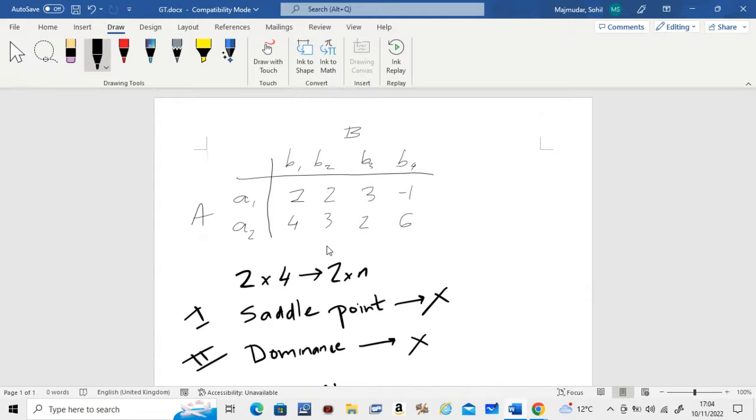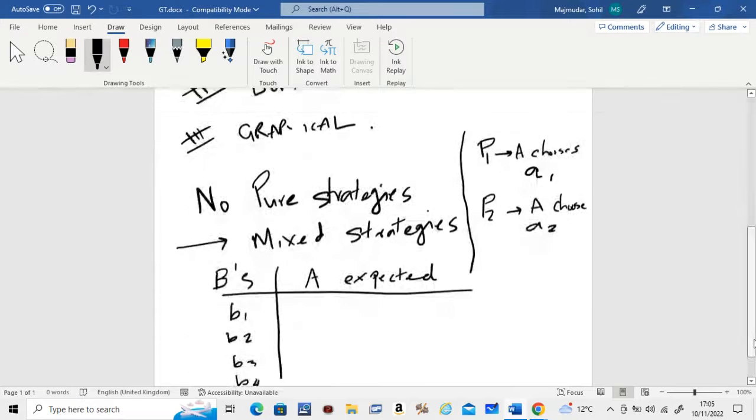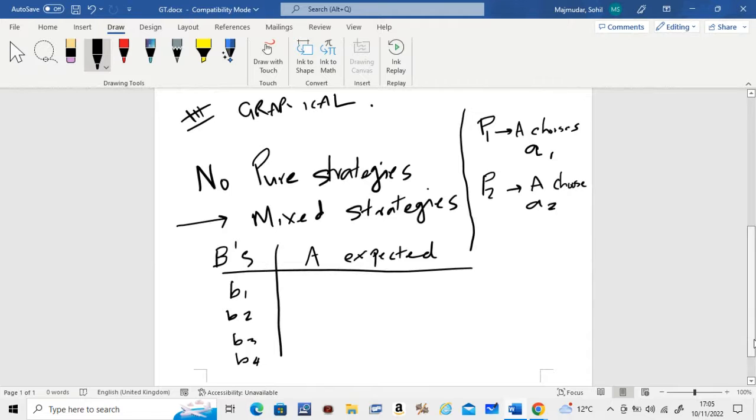Similarly, if player B chooses strategy B2, then A's payoff will be 2 times P1 plus 3 times P2, and so on. B3's will be 3 times P1 plus 2 times P2. So for B1, it will be 2 times P1 plus 4 times P2.